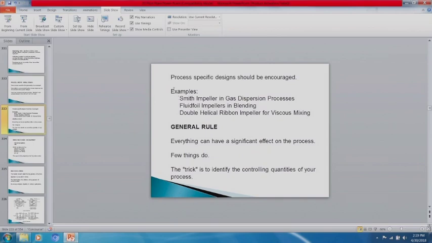Some multi-purpose designs, we have the Smith impeller or the hollow blade impeller for gas dispersion. We have hydrofoil or fluid foil impellers for blending operations. And we can have a double helical ribbon for viscous mixing. Everything can have a significant effect upon the process? Few things do. The trick is to identify the controlling quantities of your process.